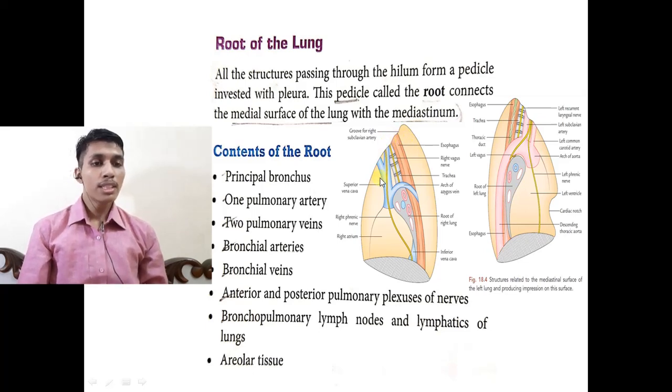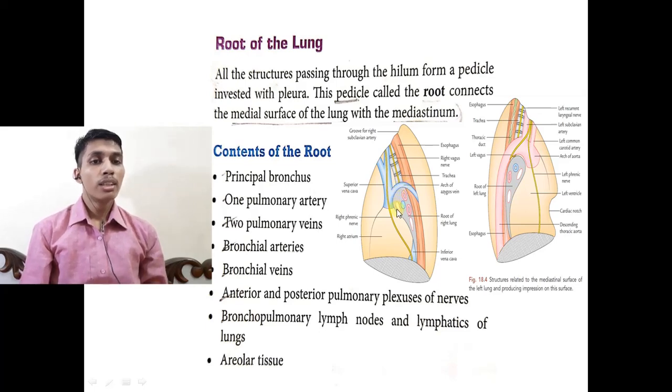So this is the structure related to the mediastinal surface of the right lung, and this is the structure related to the mediastinal surface of the left lung. Here we see this is the root of the right lung and this is the root of the left lung. Basically we concentrate on this only in this lecture.